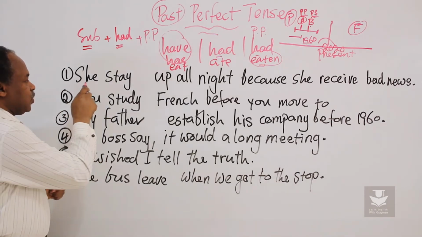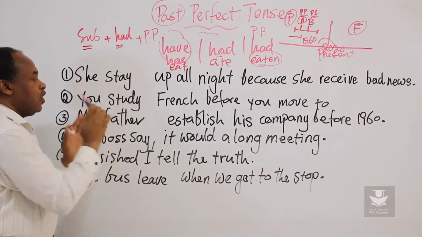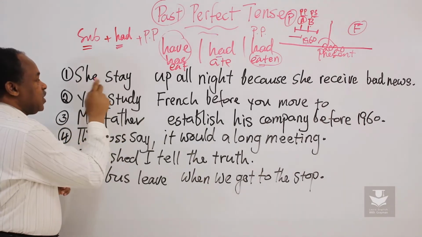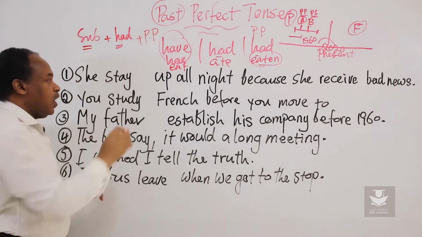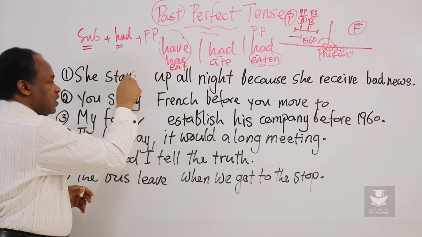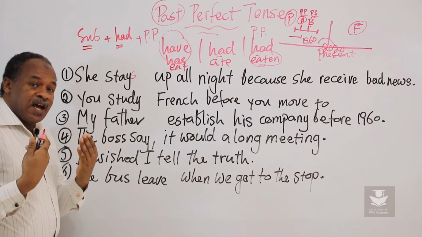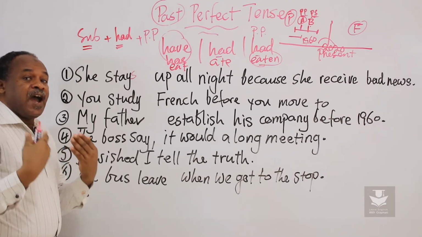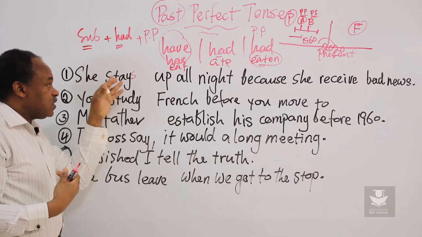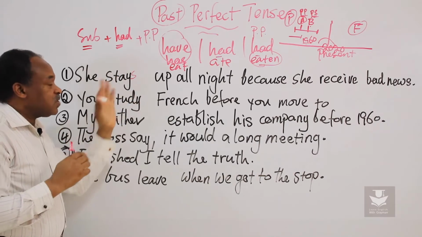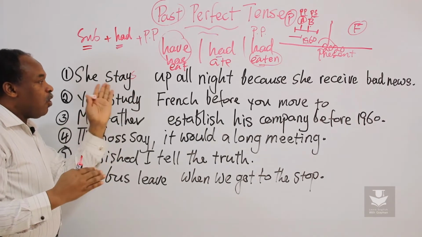Number one, she stay. Usually, when we say she stay, that's not correct. Either she stays, or she stayed in the past, or she has stayed, or she had stayed. But she stay, without the s, is not correct. So there are options here.